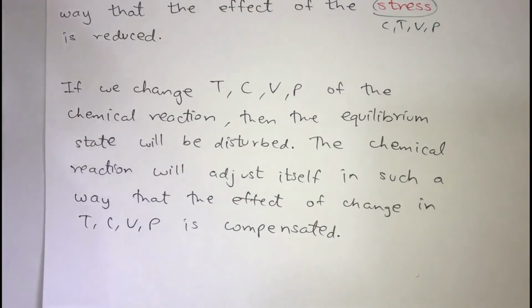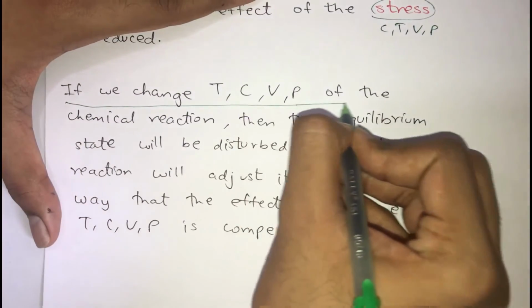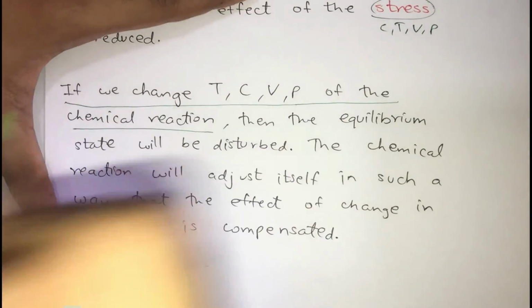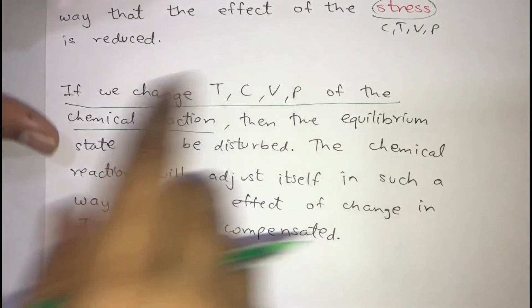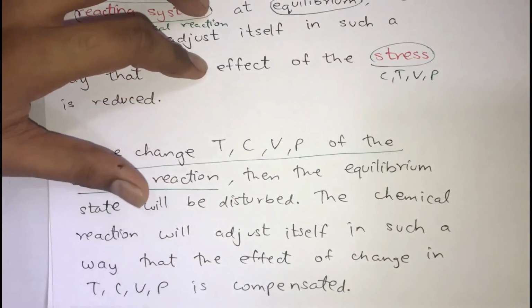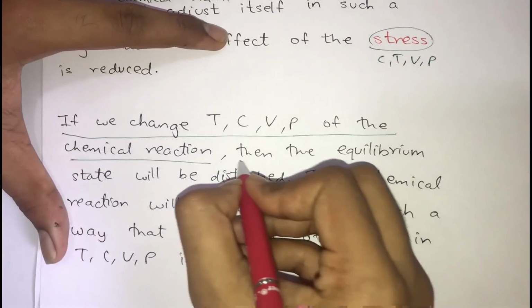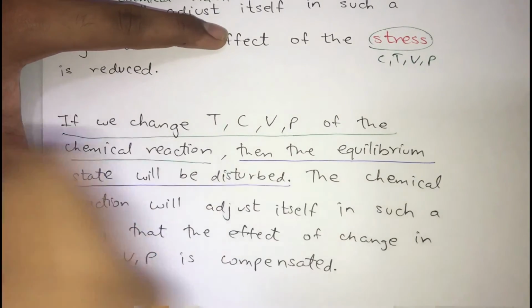See, if you change the temperature, concentration, volume and pressure of the chemical reaction, then what is going to happen? Then the chemical equilibrium state will be disturbed.